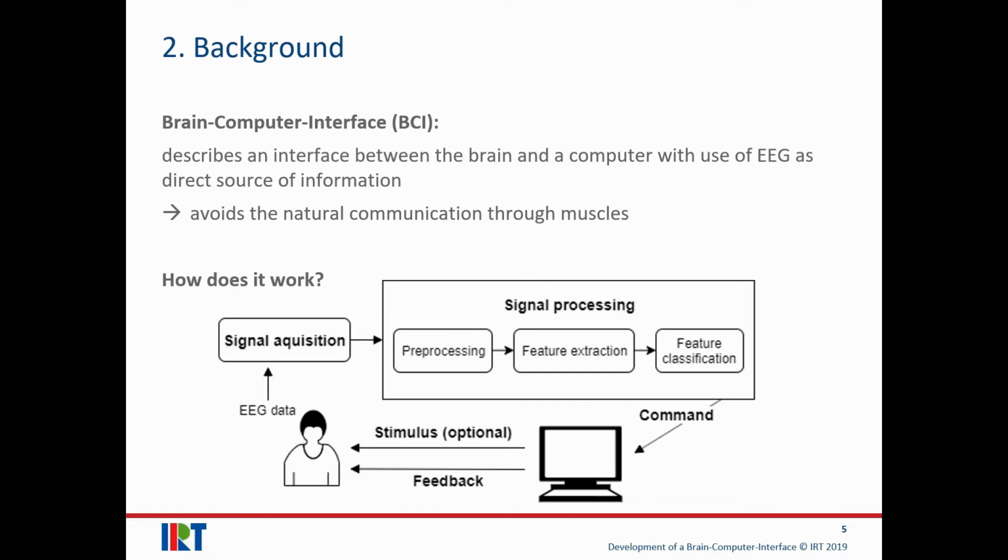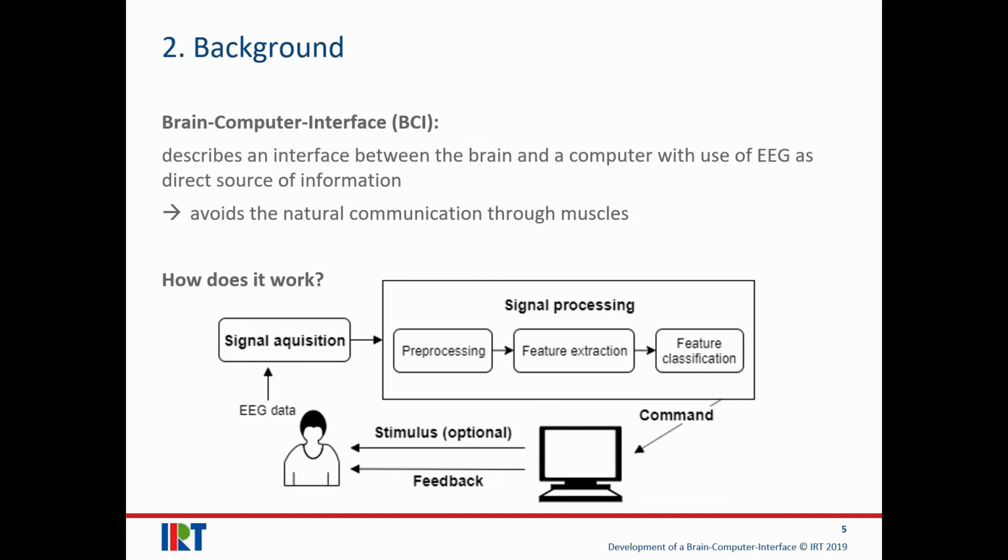So how does it work? First, we need to have a user and an EEG device that acquires the EEG data signals from the user's brain. This EEG data is either invoked by the user itself or it is triggered with some sort of stimulus, which could for example be visual, like the blinking of a button. The acquired signal will then be processed inside the computer.